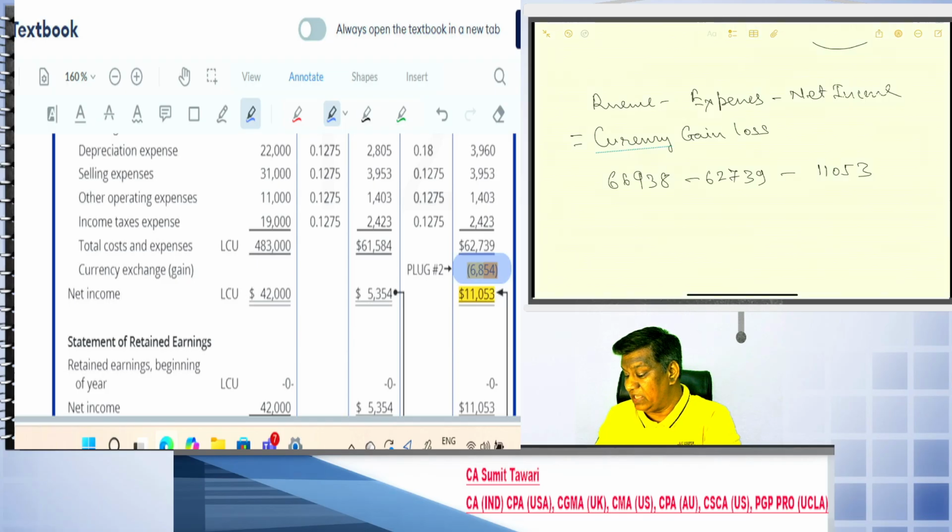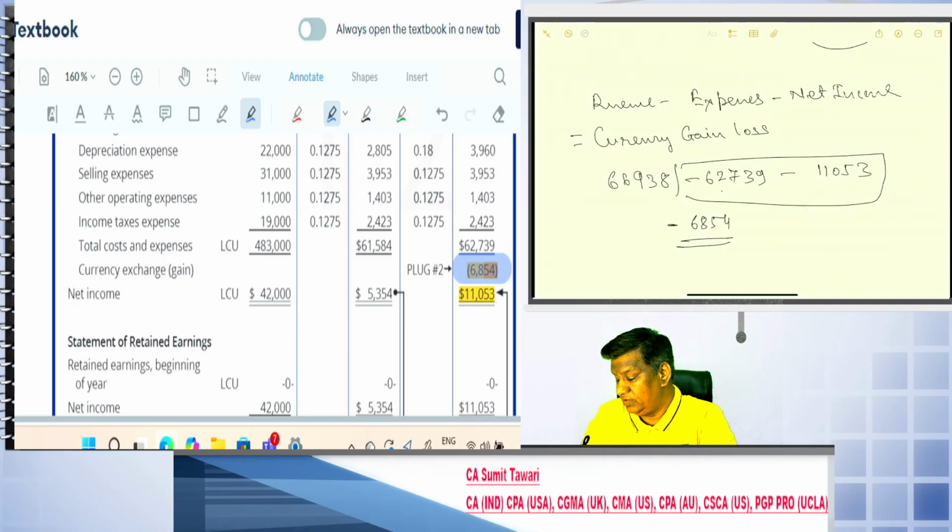If you calculate 62 plus 11, it should be somewhere around 72, 73. So that's why we need to reduce, or it could be the currency loss actually. Minus 6854. No, it is gain. So 6854 is my additional gain.